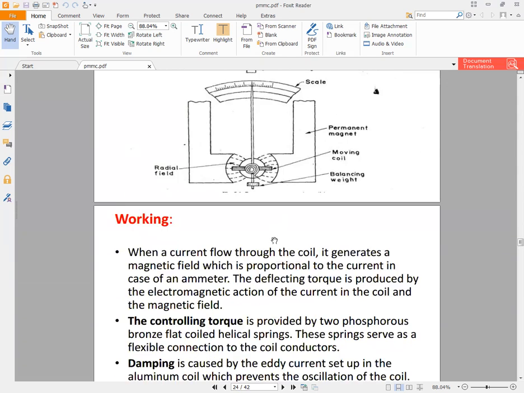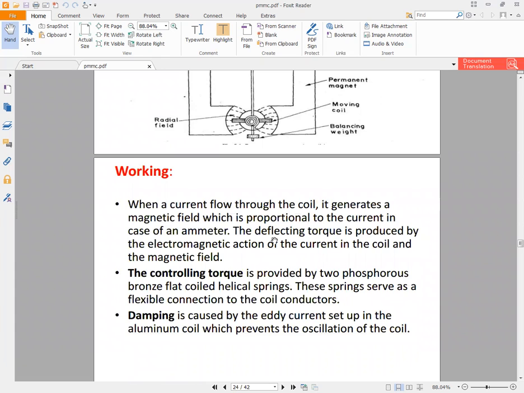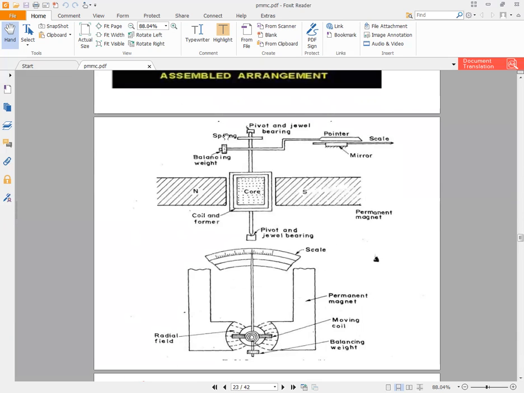To stop the pointer at the correct position, there is a requirement of controlling torque, and this controlling torque is produced by these springs. When the pointer shows a reading, say 5 ampere, the pointer should stop at 5 ampere on the scale. To stop the pointer, a torque is required, which is the controlling torque.